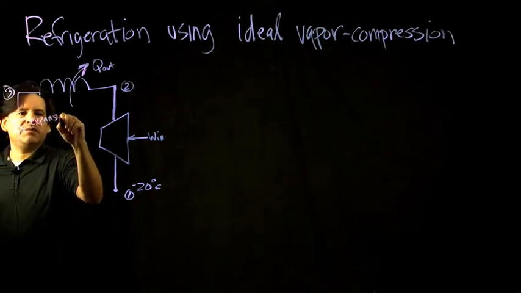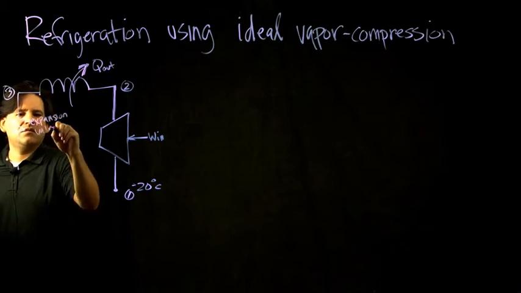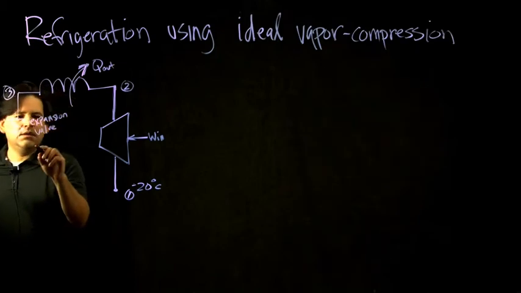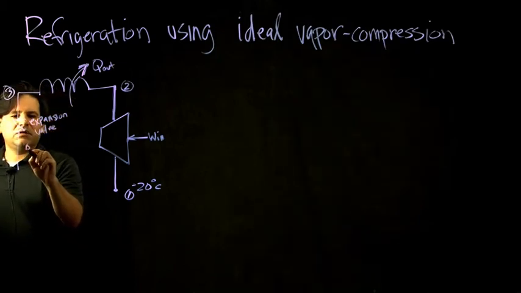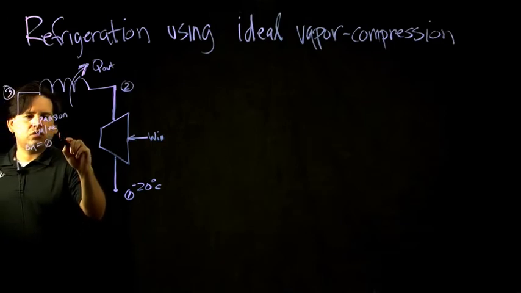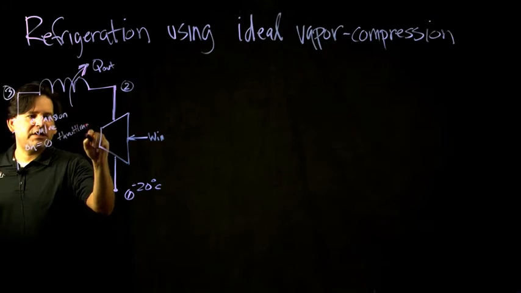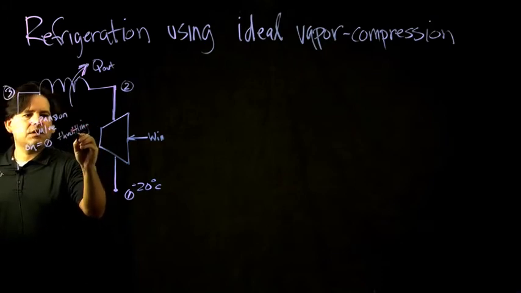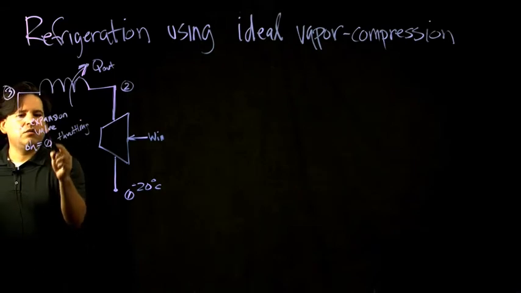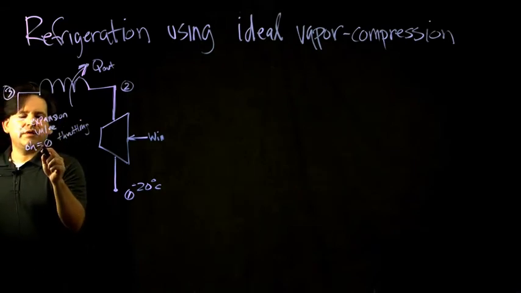This would be an expansion valve where delta H equals 0. That's what's unique: you're doing this expansion process such that there's no heat transfer and no work transfer.